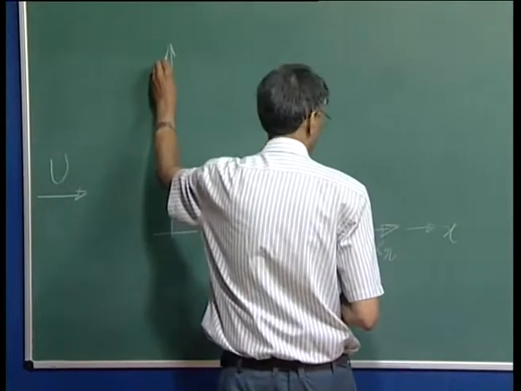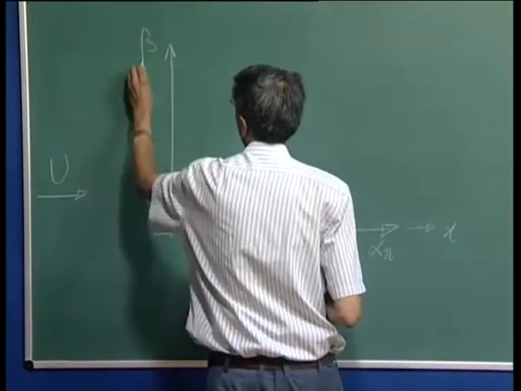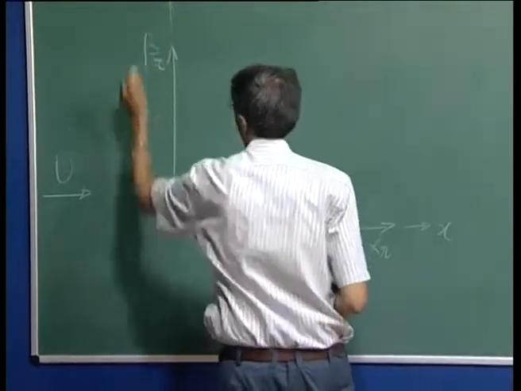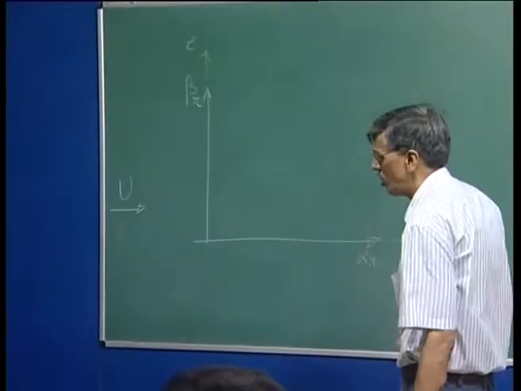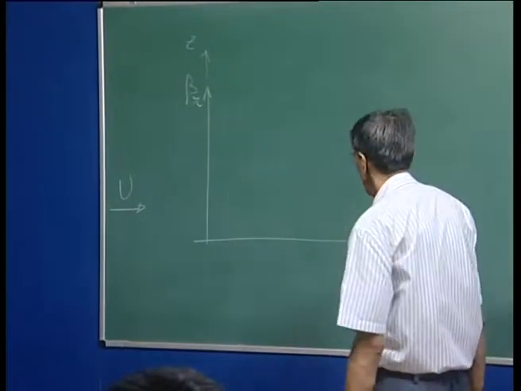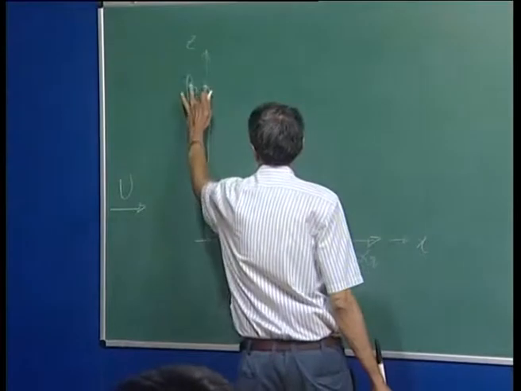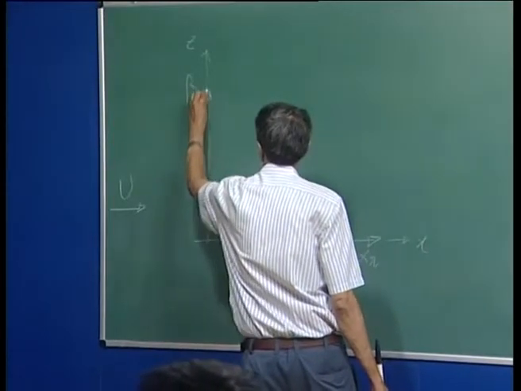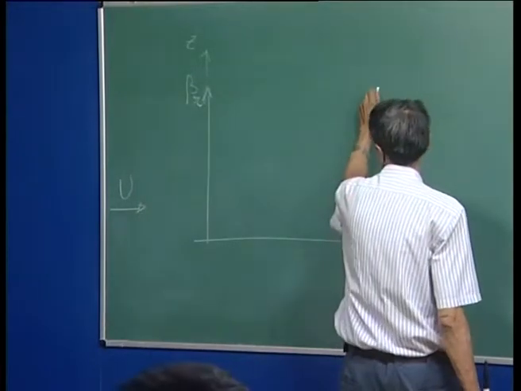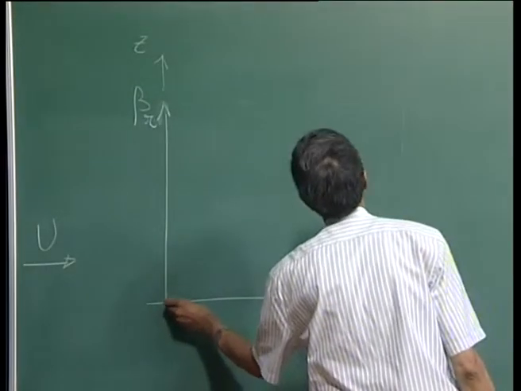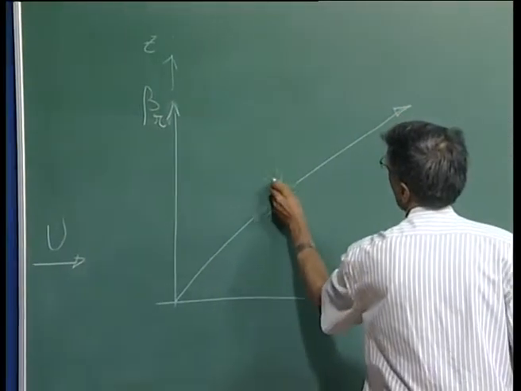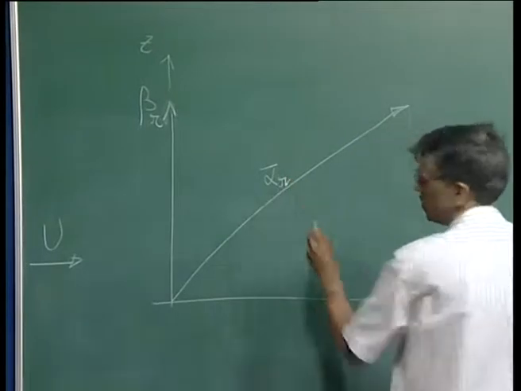Then we could talk about beta r in the z direction, and then we can talk about a quantity called alpha r bar. So, we are going to have alpha r bar vector in this direction.